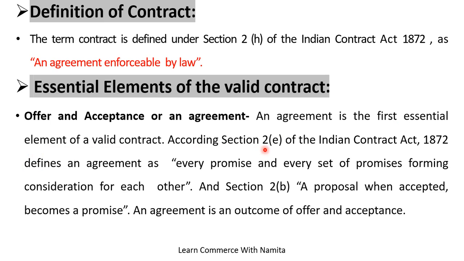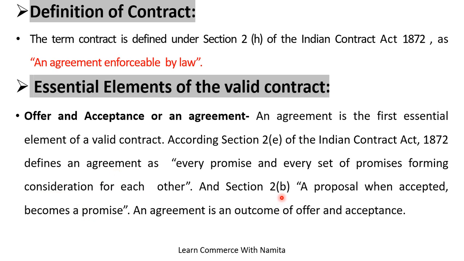According to Section 2(e) of the Indian Contract Act 1872, an agreement is defined as every promise and every set of promises forming consideration for each other. That means the offer which is given to the other party and the other party accepting that offer, with consideration towards each other, is called an agreement.